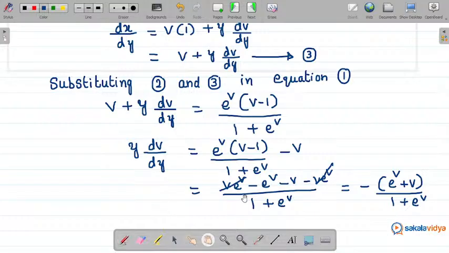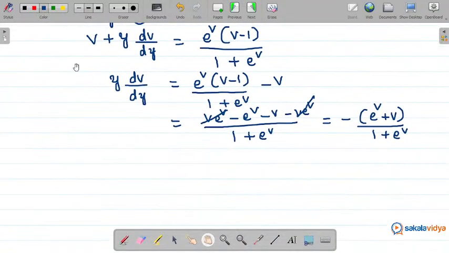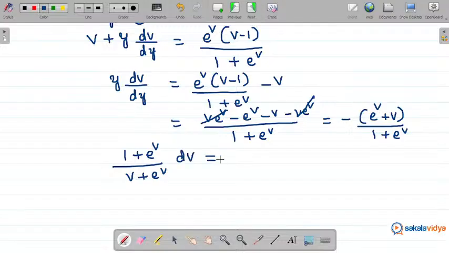So by transposing, 1 plus e power v by v plus e power v dv is equal to, already negative we have, minus dy by y. Clear?